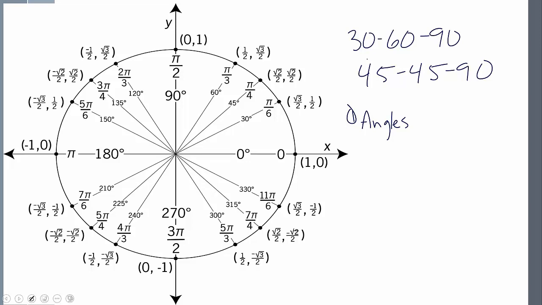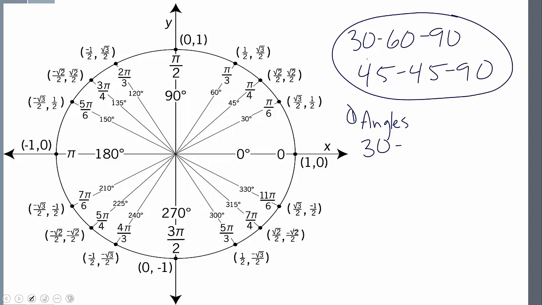If I were to take these angles and put them in order, I would get 30, 45, 60, 90. Just using those angles, I can go around, starting with 0 degrees, and start constructing the angles. 30 degrees, 45 degrees, 60 degrees, 90 degrees.